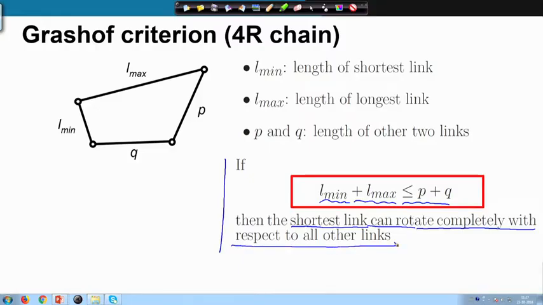This is the Grashof criterion. Here I am giving you the criterion without any proof. So, what is the criterion? If the shortest link length plus the longest link length is less than or equal to the sum of the other two link lengths, then the shortest link is the crank. The shortest link can rotate continuously.